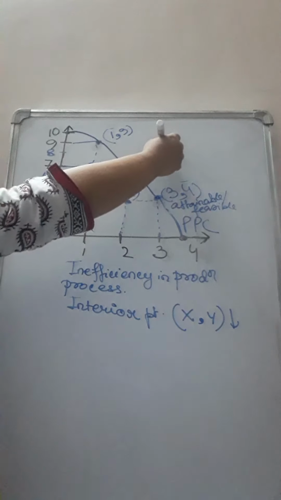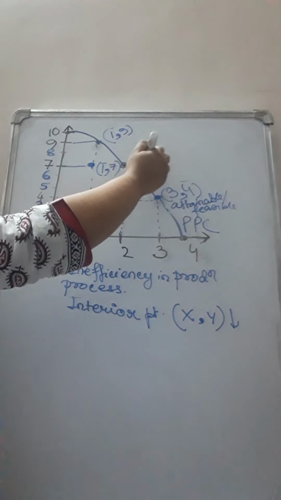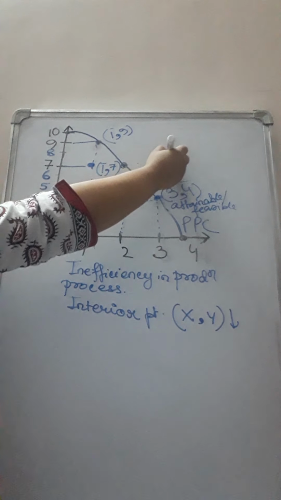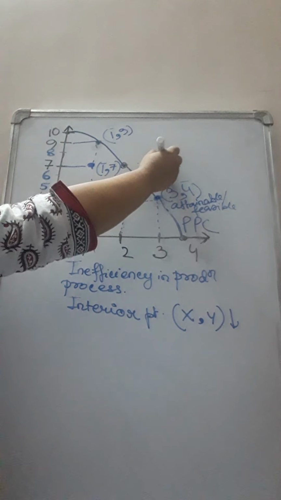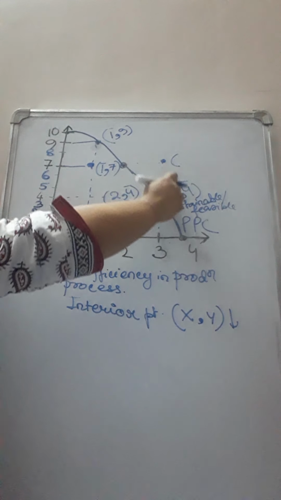And any point that lies outside the production possibility curve indicates an unattainable point. What is meant by an unattainable point? Now this point over here shows that Y is 7 and X is 3.5, or suppose 3.